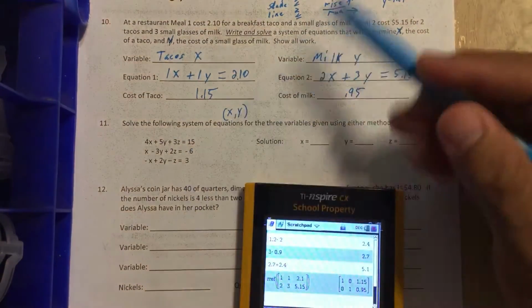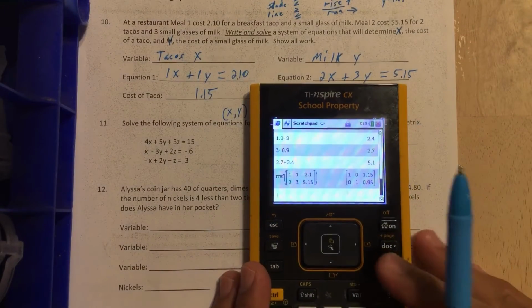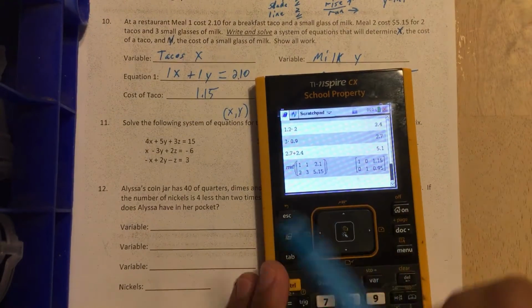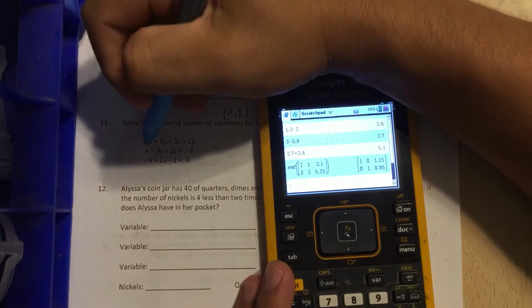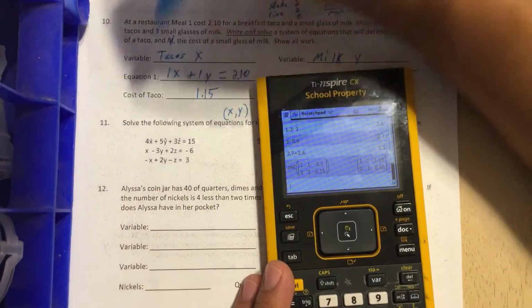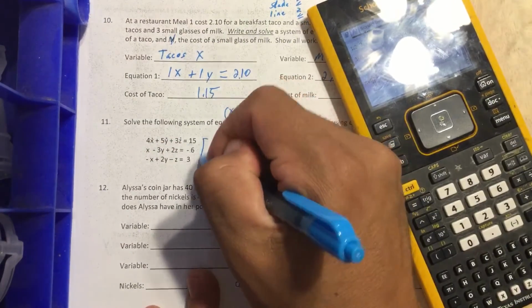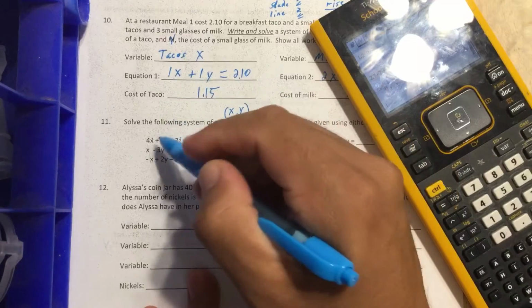All right, I'll go ahead and do this one. I did some other word problems for you so I can kind of help you with that, but this one right here is pretty straightforward. As long as they have X, Y, Z, X, Y, Z, X, Y, Z, they're all in order, I'm just putting the coefficients. Normally I would tell you to write out this so you don't make mistakes.